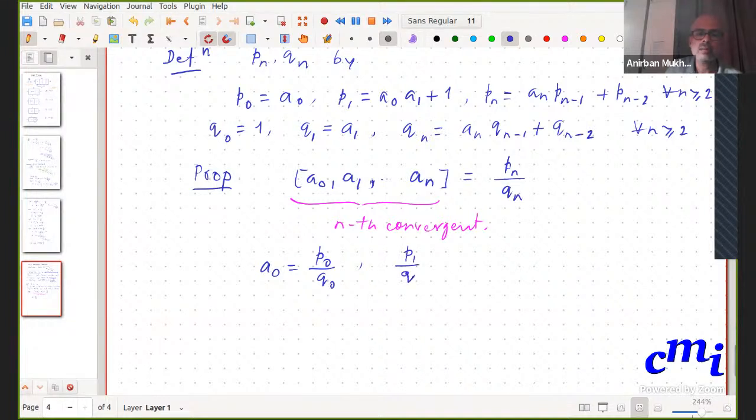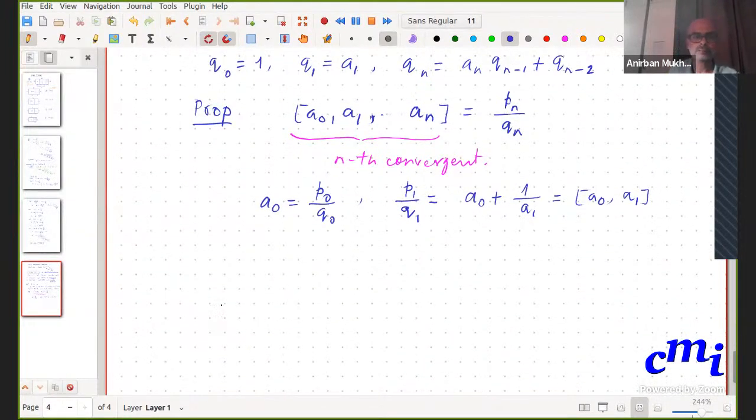P1 by Q1, by definition, is A0 plus 1 over A1. That is the continued fraction of A0, A1. So for n equal to 0 and 1, it's obvious. And then we do induction on n.